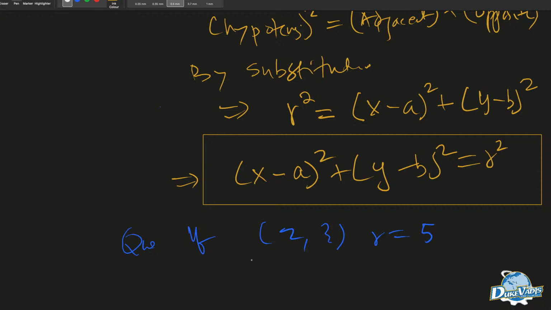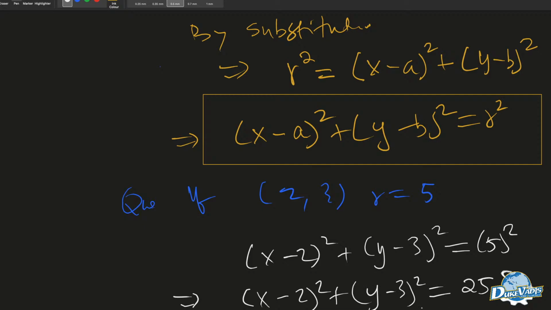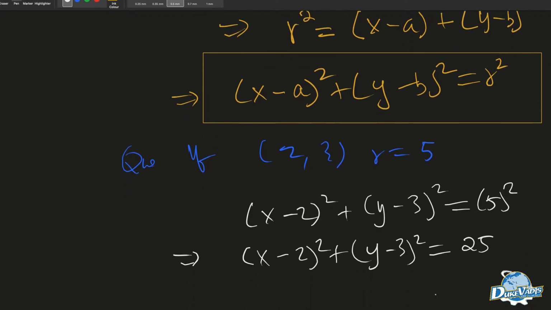Using this, if you put the values into this equation, we're going to get x minus 2 squared plus y minus 3 squared equals 5 squared. And this will be the equation of a circle. So we see (x minus 2) squared plus (y minus 3) squared is equal to 25. So this becomes the equation of a circle.